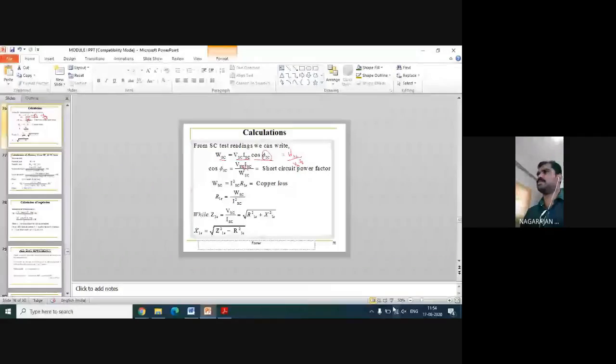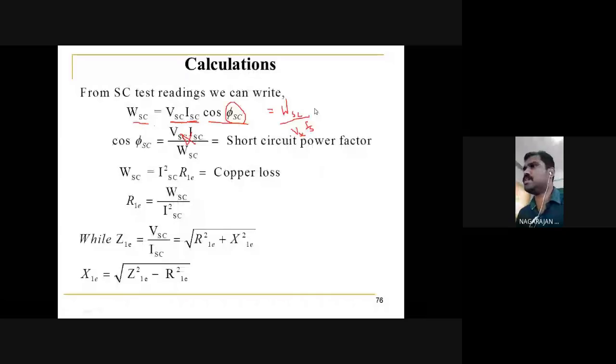It is wrong here. I'll rewrite and post that slide in the group. You'll check that later on. Now just look at this equation. This is the cos phi SC value. So I find the cos phi SC value, which is the short circuit full load power factor.